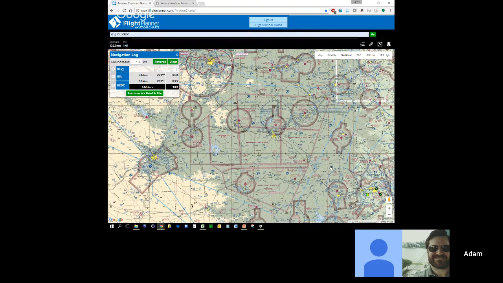And then the other way that you can get information about whether the MOA is operating or not is from air traffic control, and that's usually the most popular way.